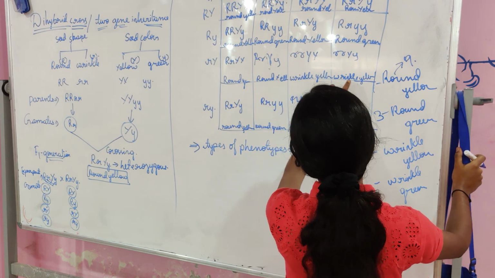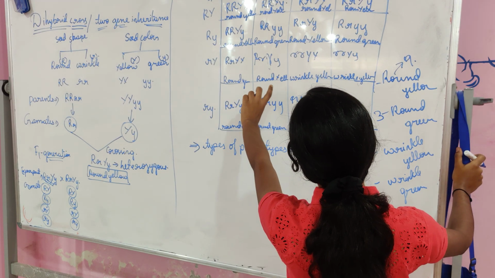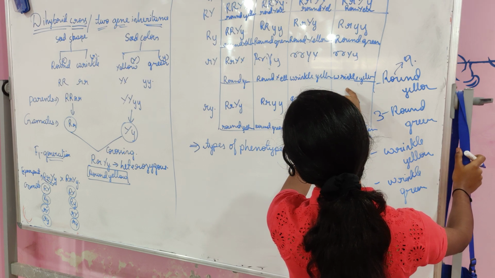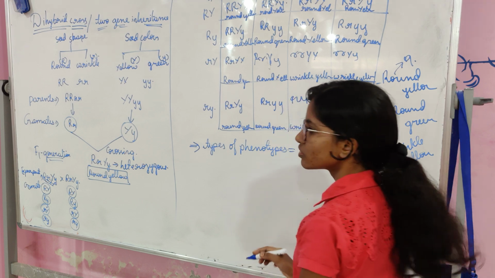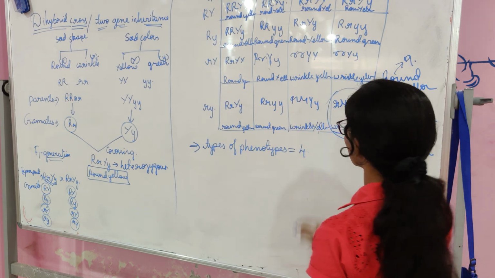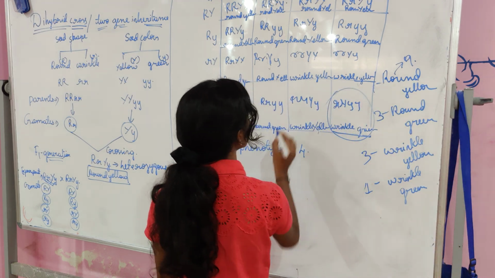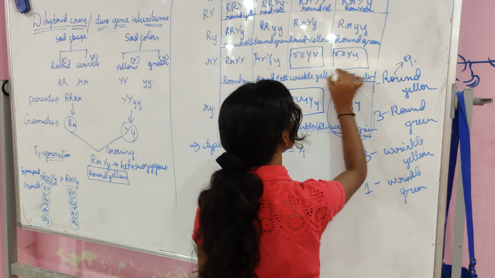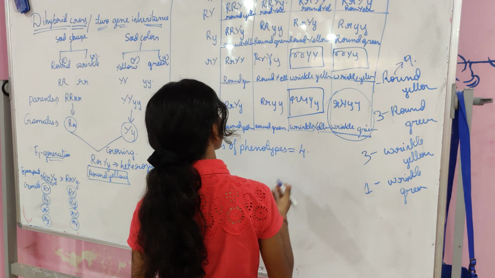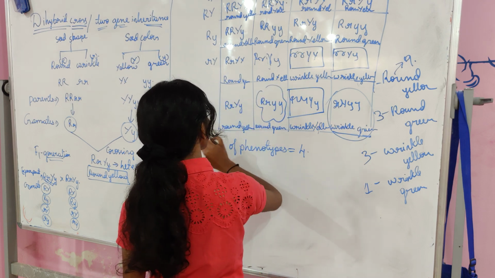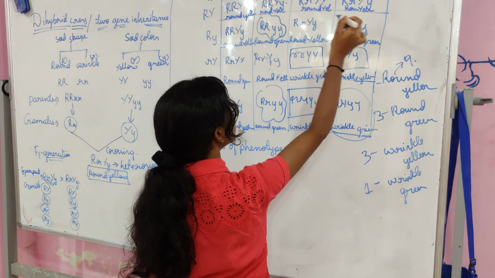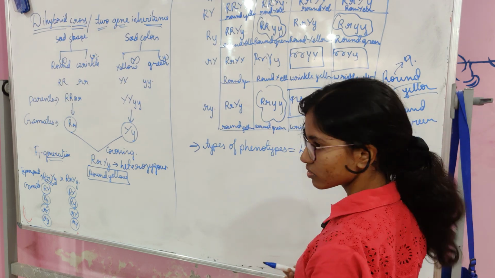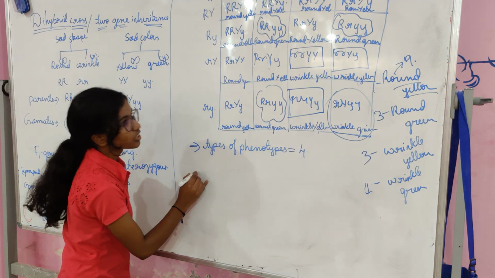Wrinkled yellow 1, 2, 3. The rest of them are round yellow. Understood?